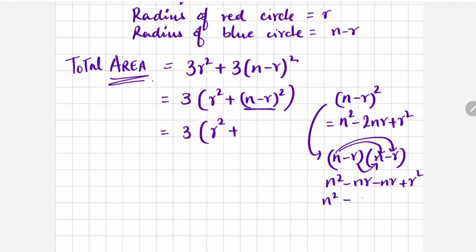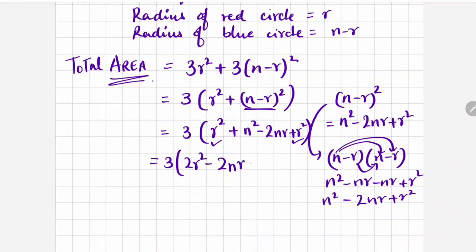So that's again going to give you the same thing that the identity gave you, right? So that is giving us n square minus 2nr plus r square. 3 times (r square and r square is 2r square) minus 2nr plus n square.